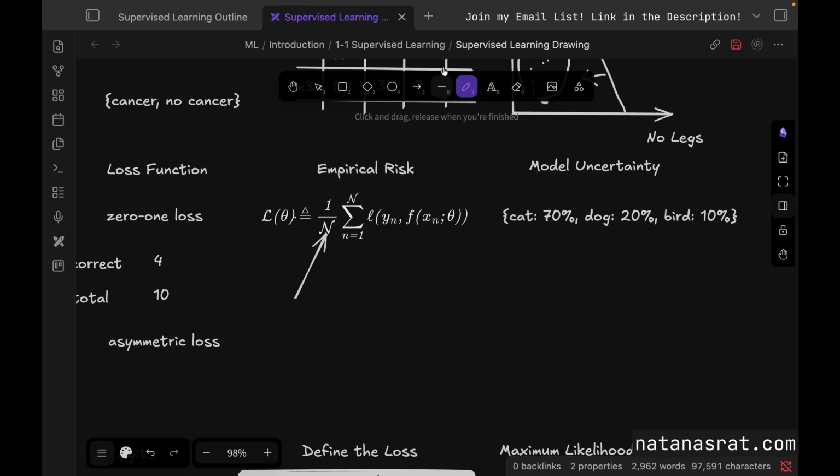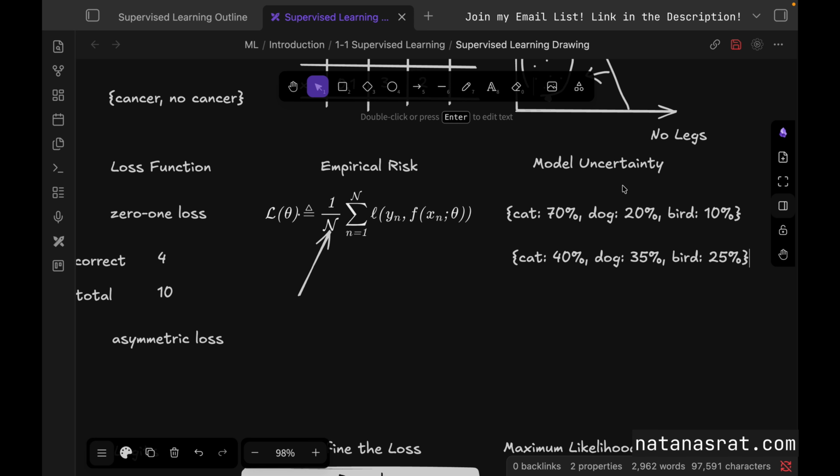So for examples where we have values close to the decision boundary, we're going to get a very uncertain prediction. For example, we could have this. The model is not quite confident that the input represents a cat. So we have dog and cat very close in terms of probability.